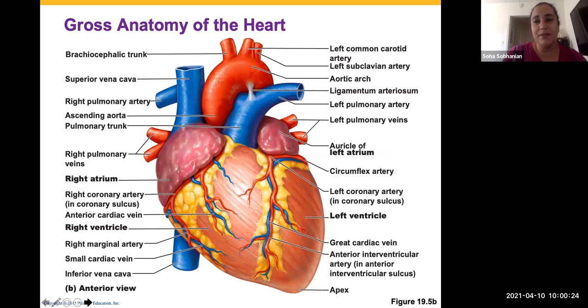Okay, so let's look at some of the terminology here that I haven't discussed with you, and then we'll go into more detail about them on the actual slide. So right here, again, we have the right atrium. Right here, we have the left atrium, sorry.